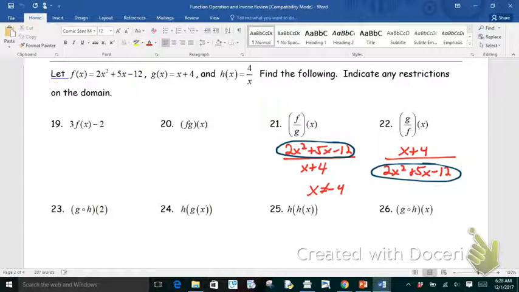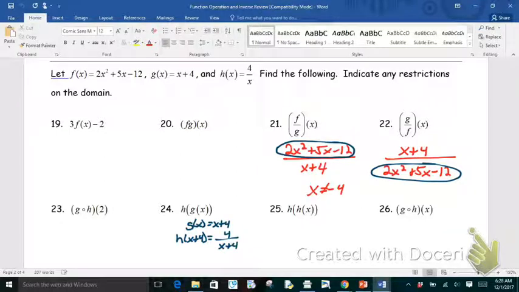Last place that I said I wanted to look was problem 24. So g of x is x plus 4. So we are going to end up with something that looks like this: h of x plus 4, which is going to be 4 over x plus 4.